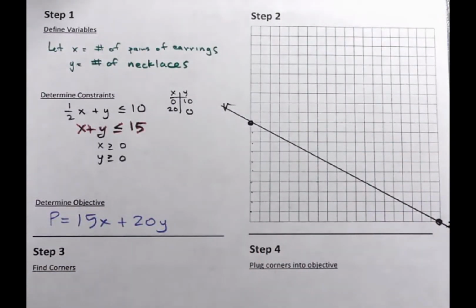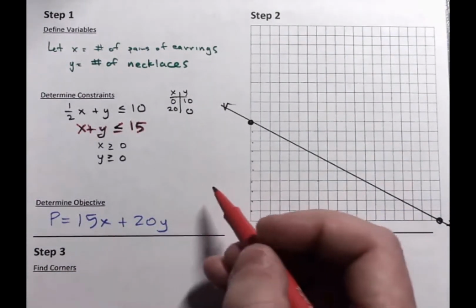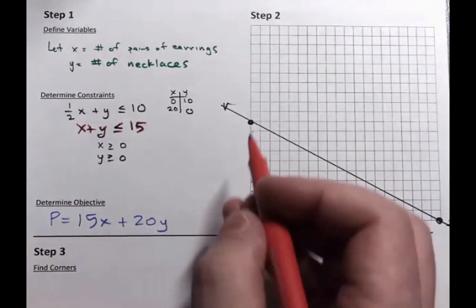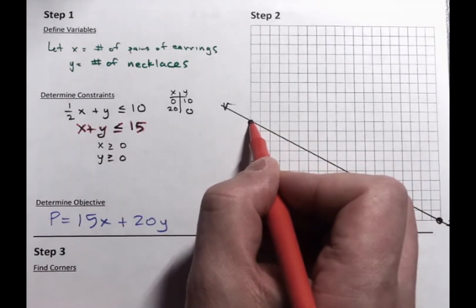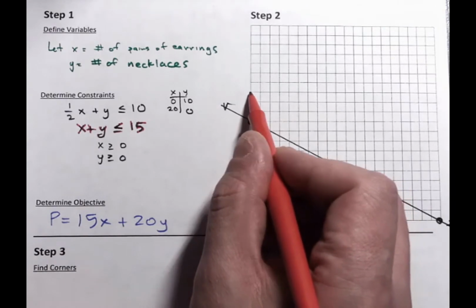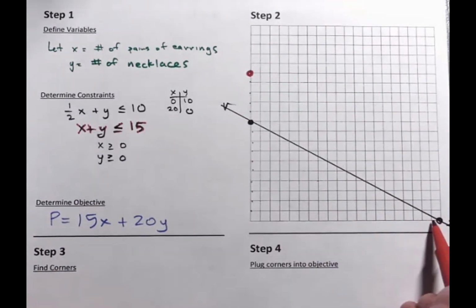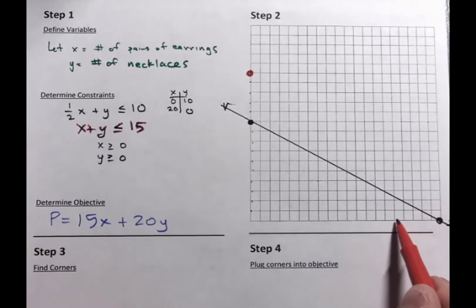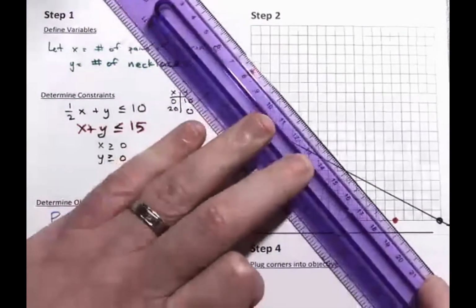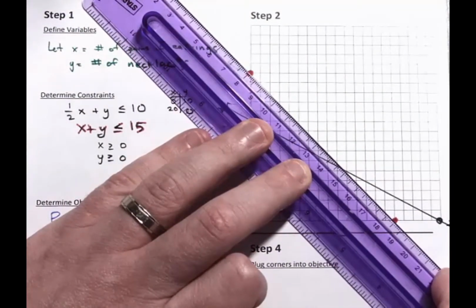Okay, now in red, we have our second line. The second line is x plus y equals 15, so that's going to go through (0, 15) and (15, 0). So connecting those two will give me this line.